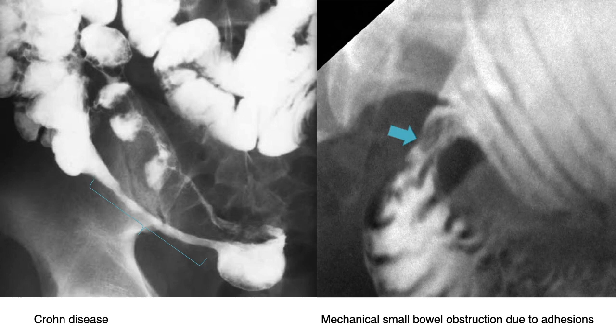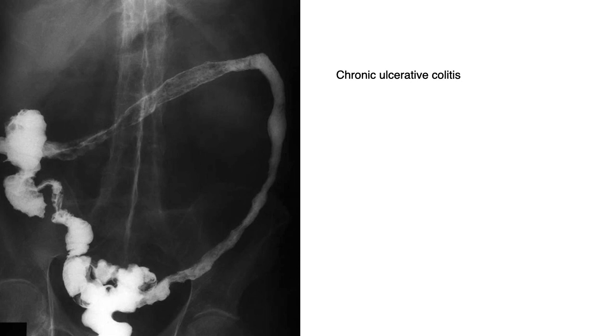Another thing that can produce this stricture is mechanical bowel obstruction, maybe from small bowel obstruction or large bowel obstruction. Another disease that can produce stricture is chronic ulcerative colitis.